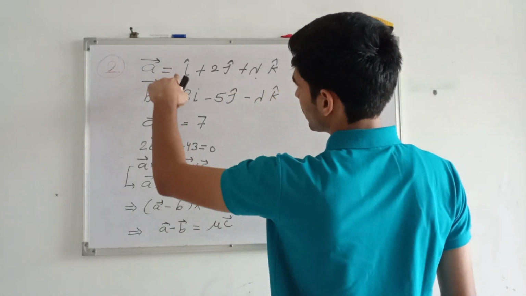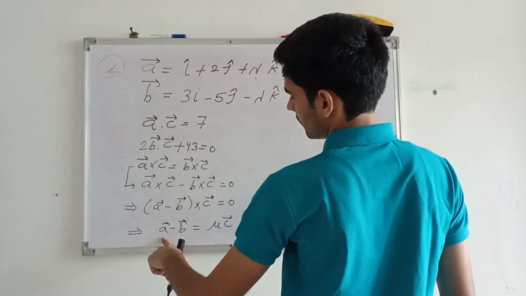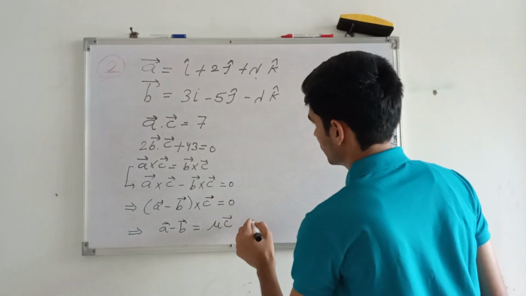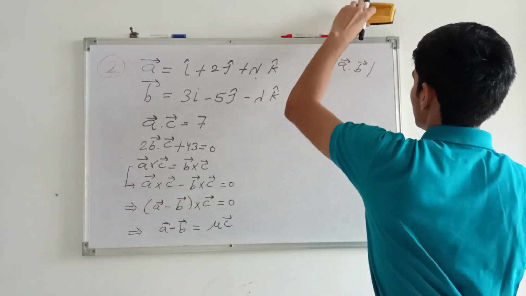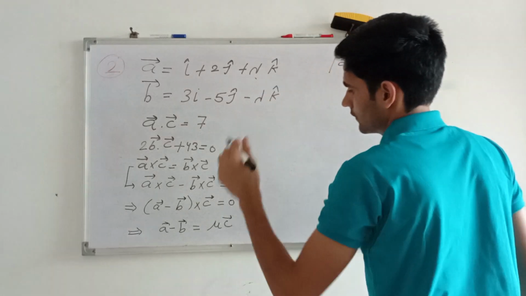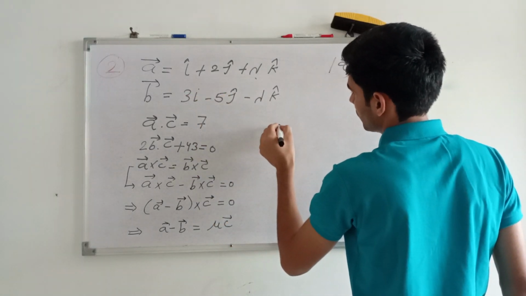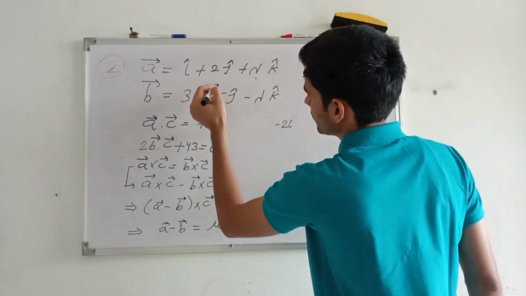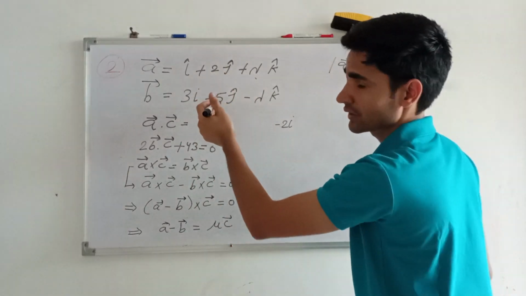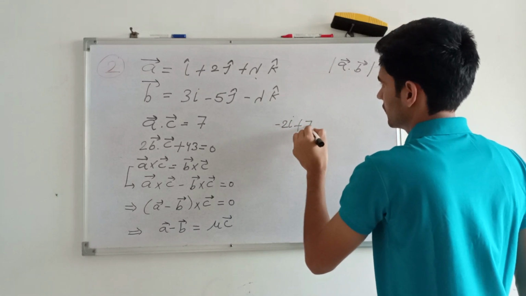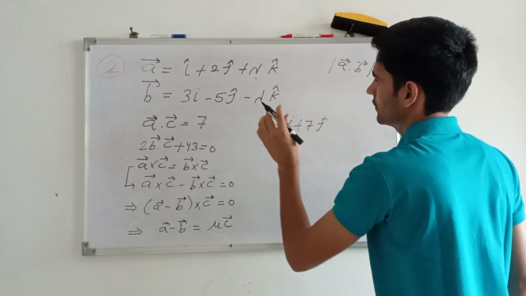Now A and B are given. So what will be A minus B? 1 minus 3 will be minus 2i cap, then j: 2 minus minus 5 becomes 2 plus 5, which is 7j cap.